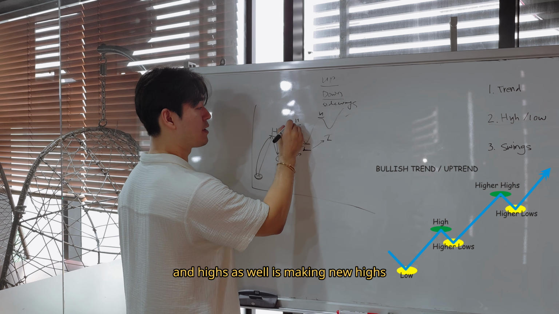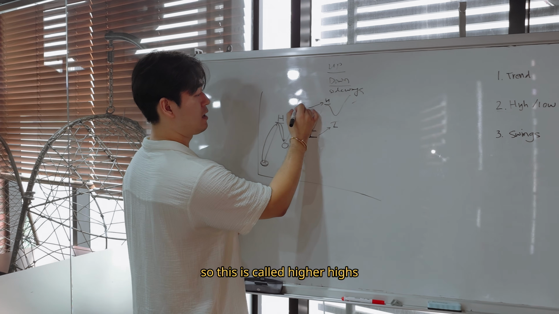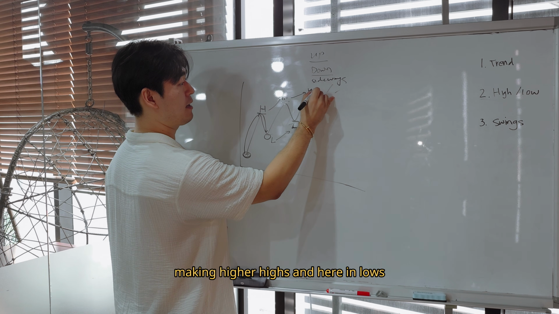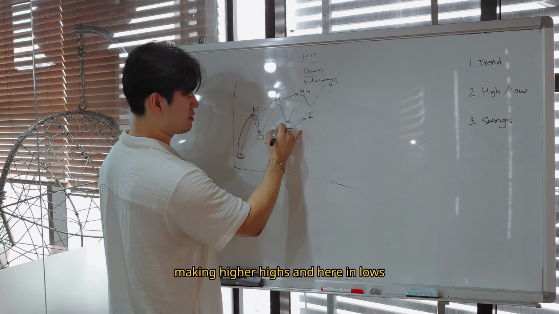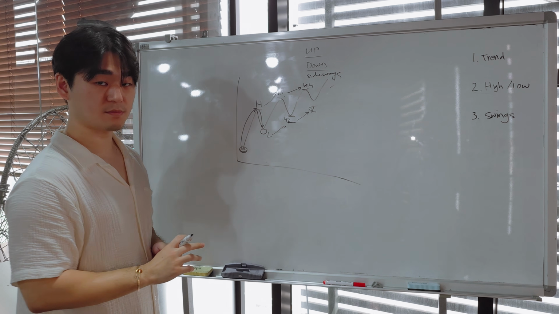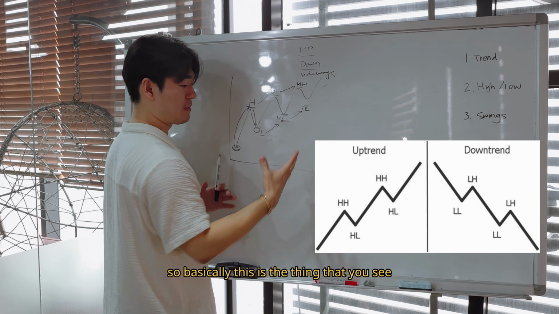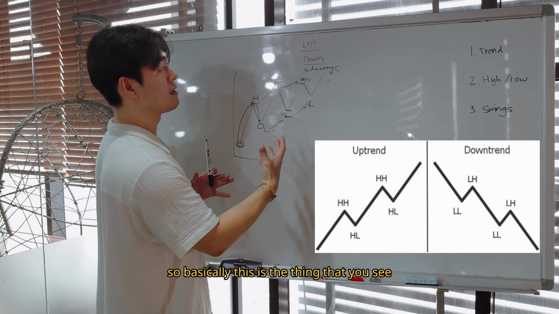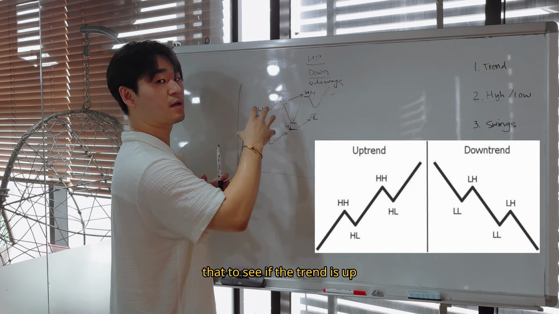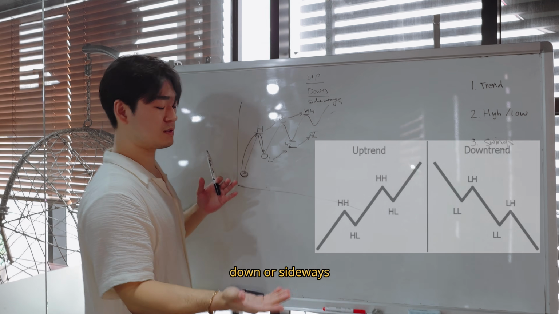And highs as well, it's making new highs. So this is called making higher highs. And in lows, higher lows and higher lows. So basically, this is the thing that you see to determine if the trend is up, down, or sideways.